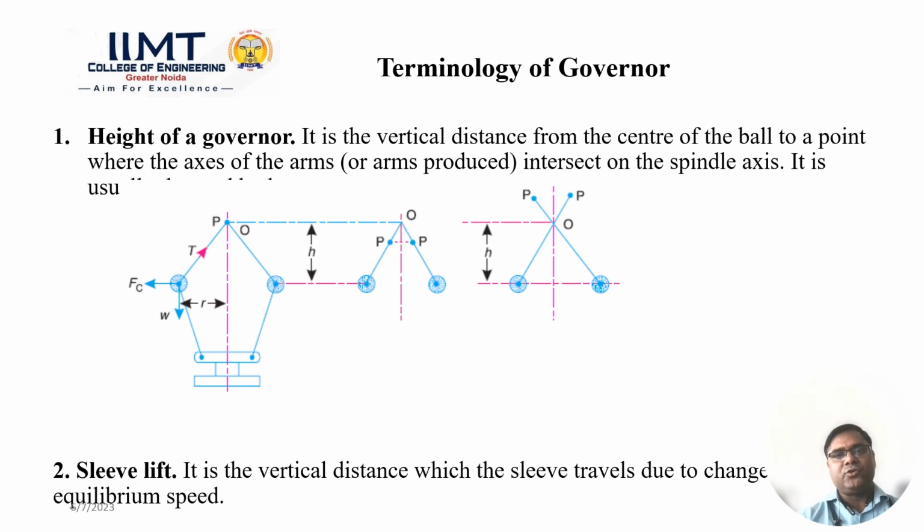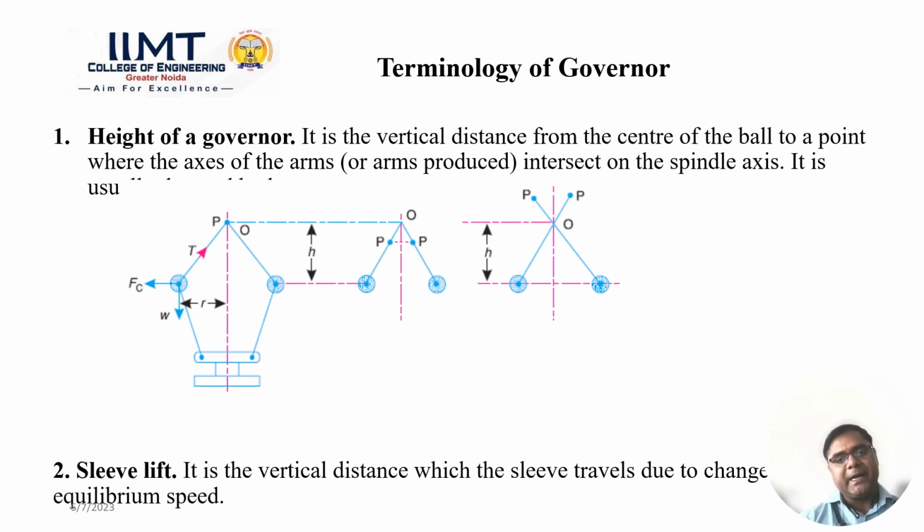Next, different terminology of the governor. First is the height of the governor. As basically shown in the figure, the red vertical line shows the spindle axis, and these are the upper arms.